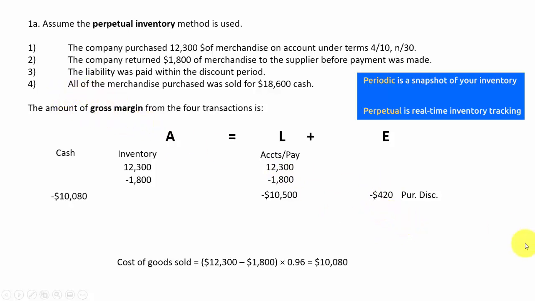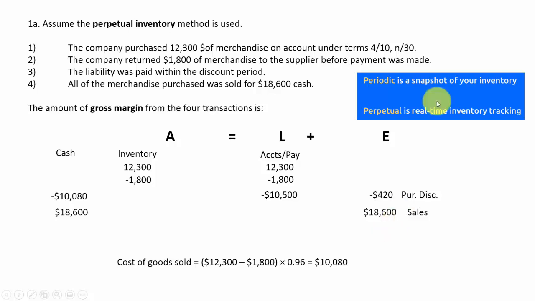Transaction number 4. All the merchandise purchased was sold for $18,600 cash. All of the merchandise. So we're going to increase cash by $18,600. We're going to increase on the equity side sales, and that's the retail side of the transaction.